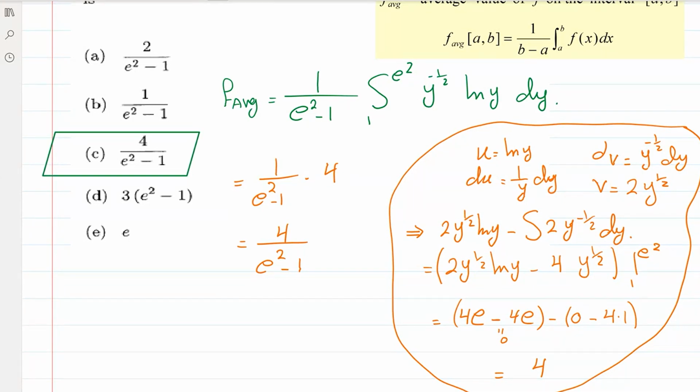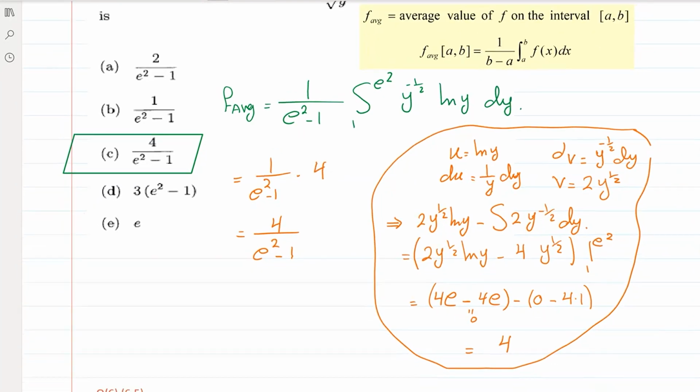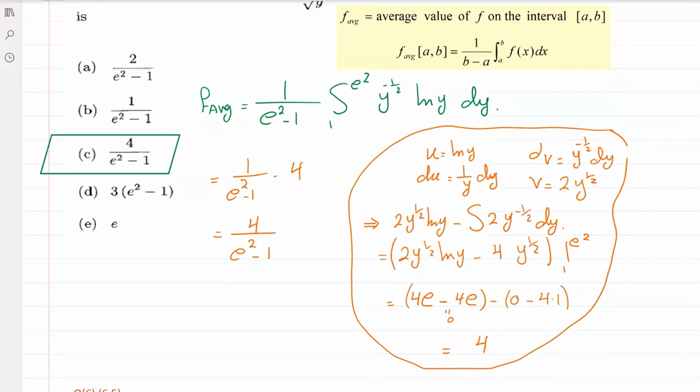Yeah, this is how to integrate this one. In general, how to integrate this function: we can integrate by parts. Let u equal ln y. Its derivative, which is the derivative of ln y, will be 1 over y. And if we suppose that dv equals y to the power minus half, the integral adds 1 over itself, so it will be y power half over half.